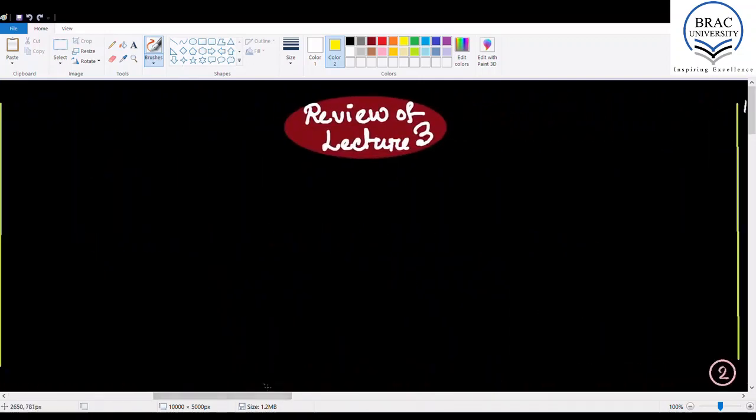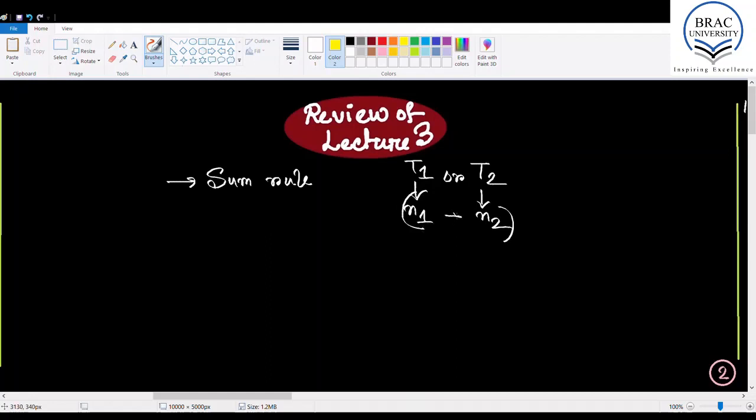Before we go into today's topics, let's recall the topics of the previous lecture, lecture 3. At first, we studied sum rule of counting. In sum rule, we knew that if a procedure has to be performed following task 1 or task 2, where there are total n1 ways to perform task 1 and n2 ways to perform task 2, then the whole procedure can be done in total n1 plus n2 ways.